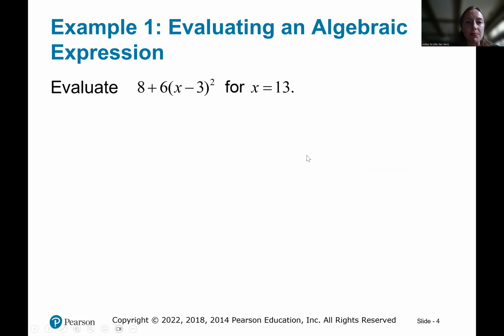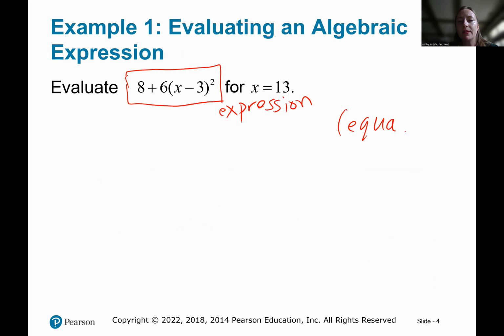So maybe we'll try to simplify this expression here. And I think we mentioned this already, but what I've boxed there is an expression, not an equation. Equations have equal signs. That's how I know that what I boxed there is not an equation, because there is no equal sign there.